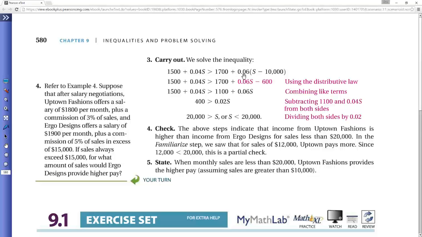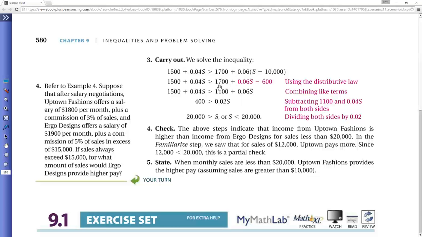Then I need to distribute this 0.06 over this binomial. So I take 0.06 times S and then 0.06 times 10,000. I get 600. So here's my inequality.